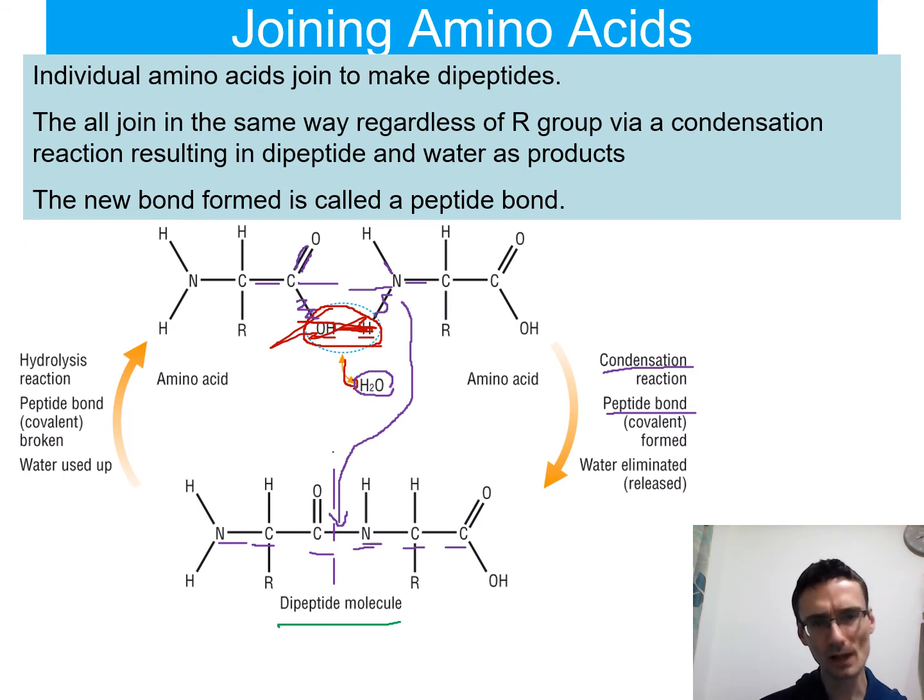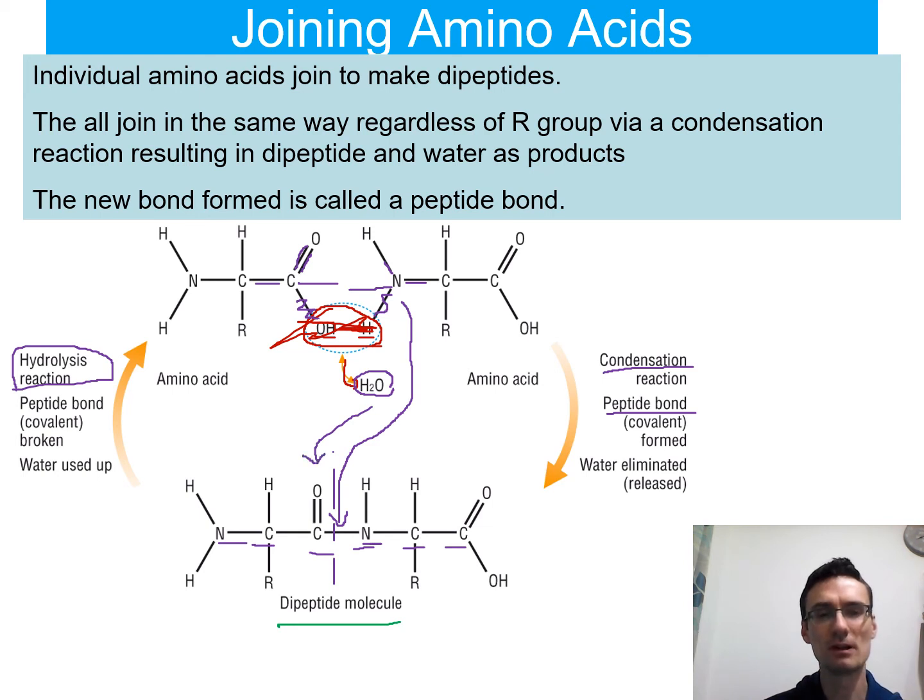Now when we want to break dipeptide molecules up, and you'll learn about something called dipeptidases later in the course, we do the opposite reaction again. So if you remember, this would be a hydrolysis reaction. And a hydrolysis reaction is where we put a water molecule back in, okay?